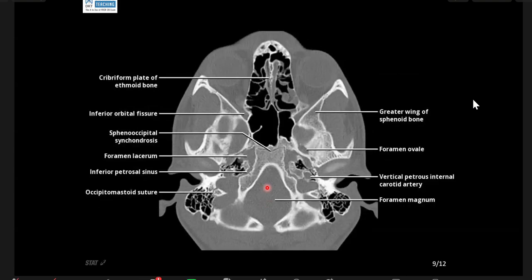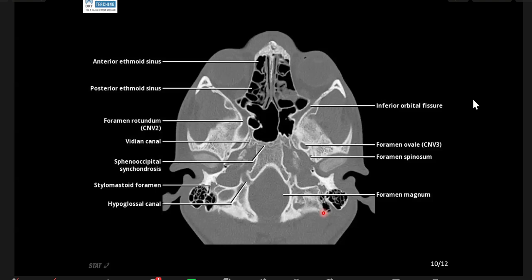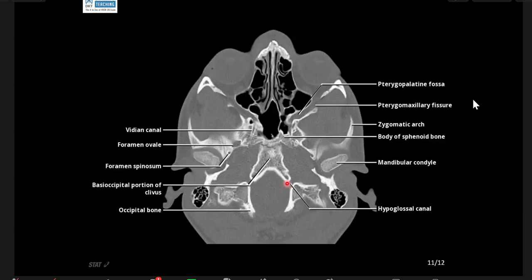Going further inferiorly, we now come to this canal, which is the hypoglossal canal. Remember this, the hypoglossal canal is a landmark. They will show you on axial, they will ask you what this is, and they will ask you on a coronal. So this is the hypoglossal canal.